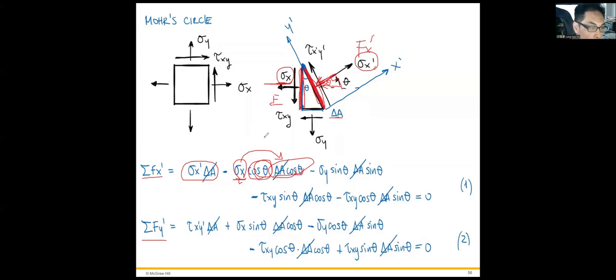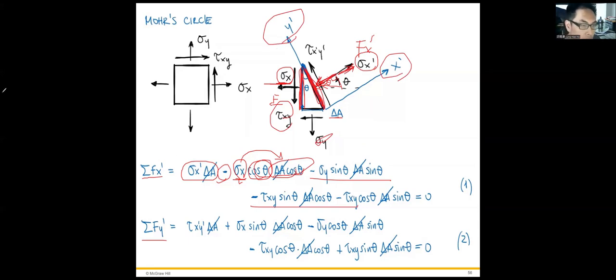That's why there's a minus here, and the positive x prime direction is the positive sign. So in the same way, we can analyze the different stresses along the x prime and y prime coordinates.